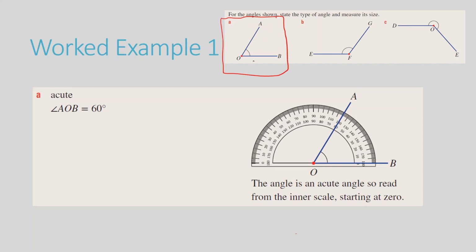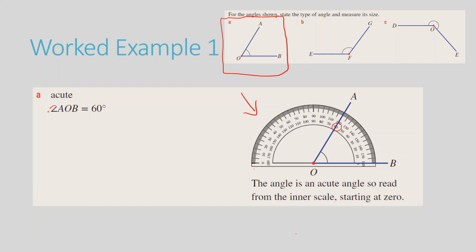Now, I just want to quickly say to you, when you carry your protractor to this question, which you should be looking at right now, don't look at anything, just look at the protractor. So AOB, you put the protractor in the center, you line it up to 0, so we're using the inside numbers, and you would see that it falls on 60. So you would say that angle AOB is 60 degrees.